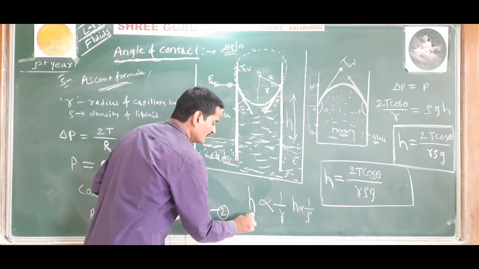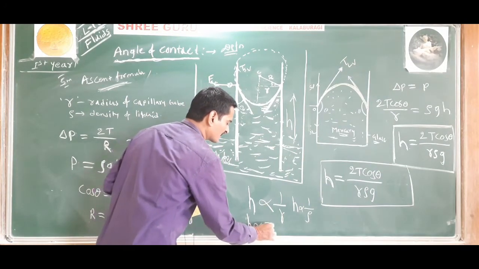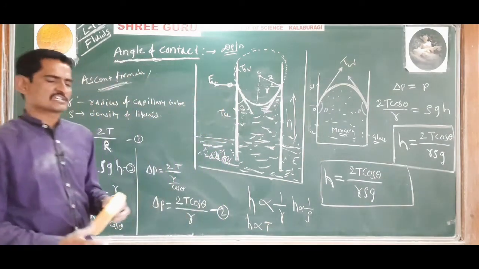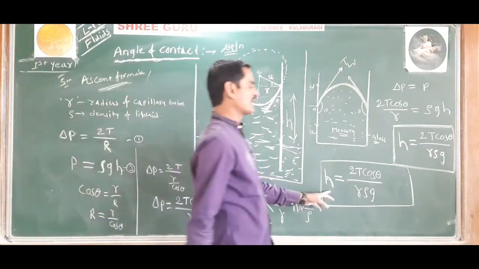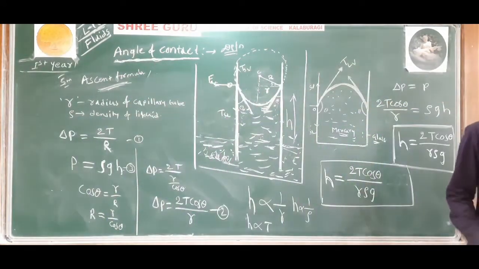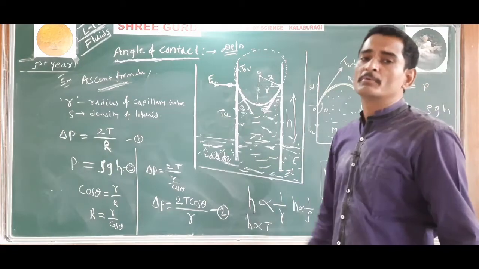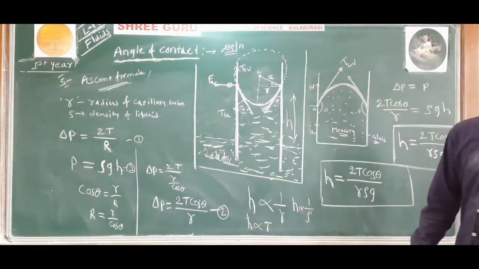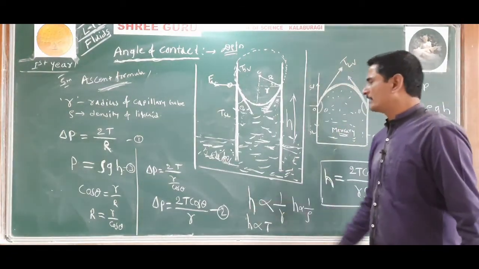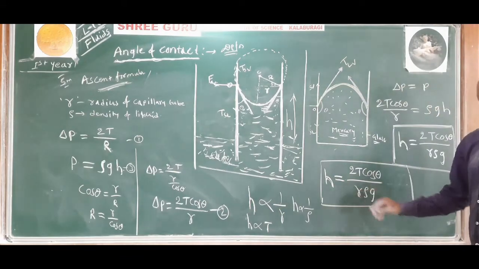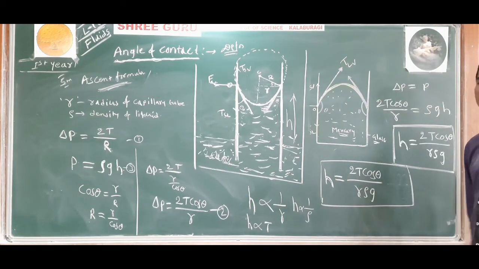And it is directly proportional to the surface tension. So what are the factors on which the height of the liquid inside the capillary tube depends? The radius of the capillary tube, the density of the liquid and the surface tension.